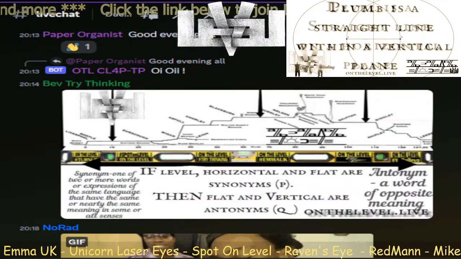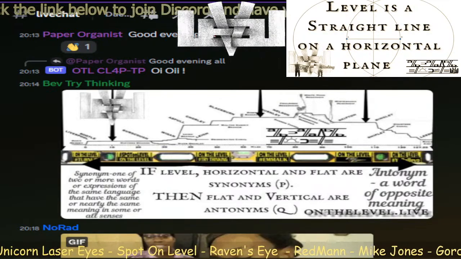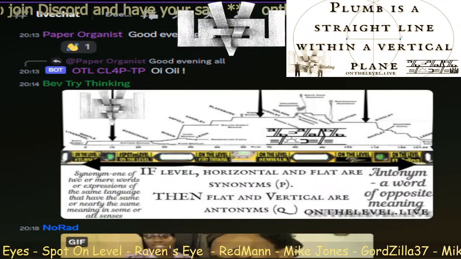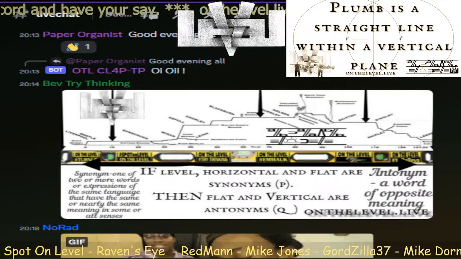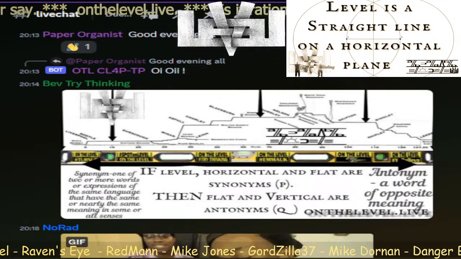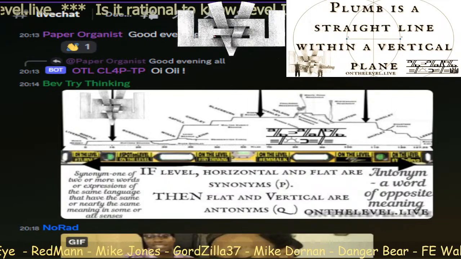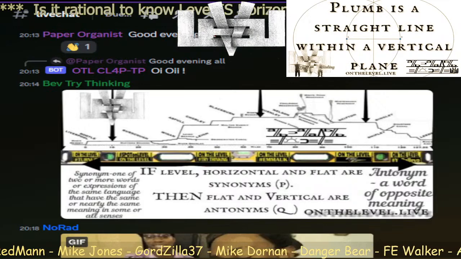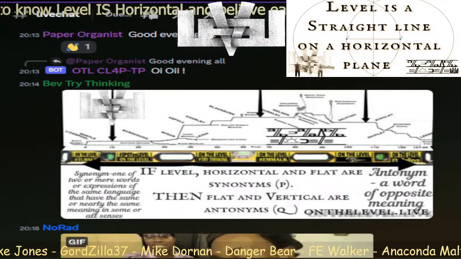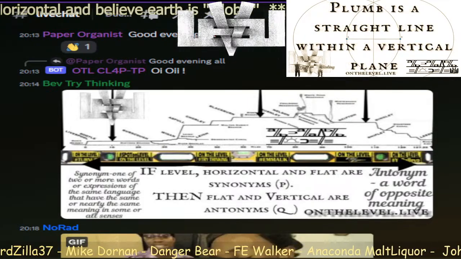It's a derivative of that, but it's a further logical complication. I don't know how to explain it really, because you're dealing with a trick of the mind here. So, taken as that argument, it would mean that flat and vertical are antonyms.